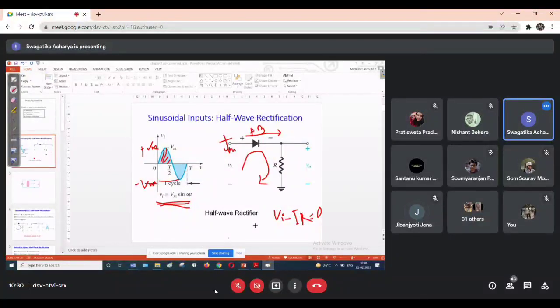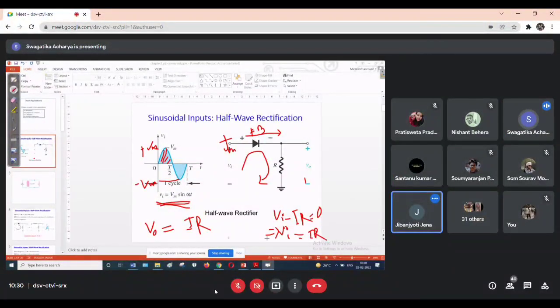Now what will be your value of V naught, or V output, here? V output will be IR, right? And that is your input as well, because from this equation you can say Vi equals IR.